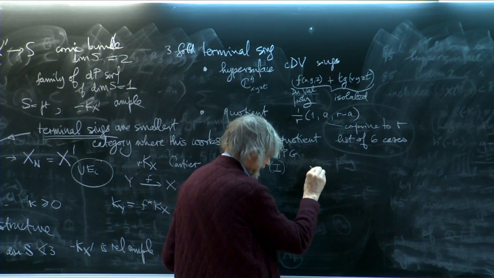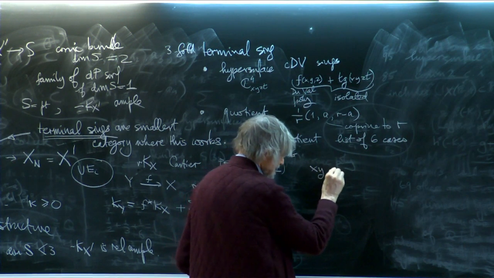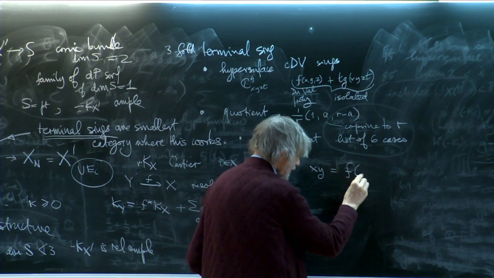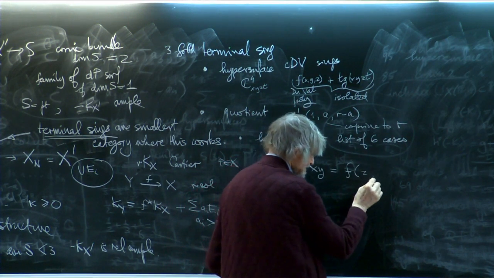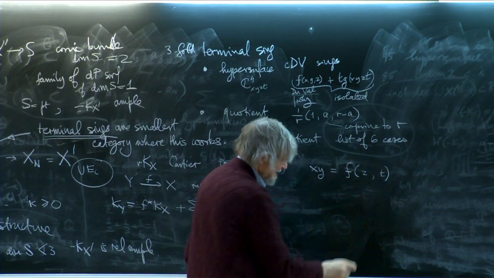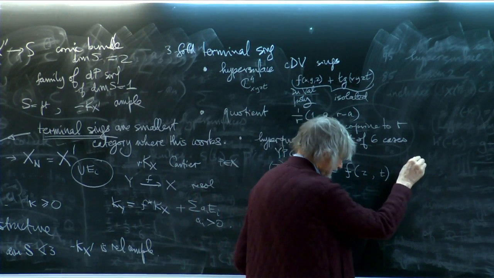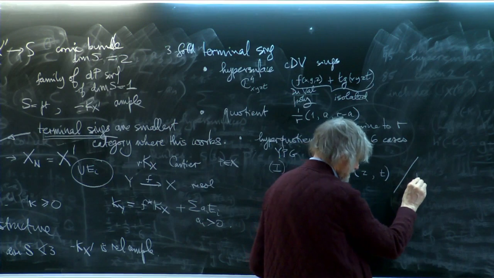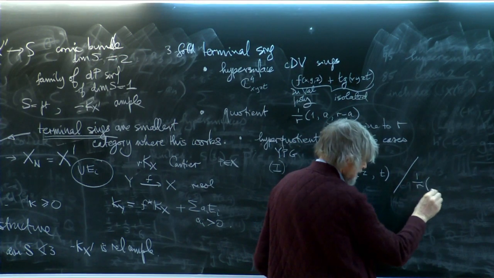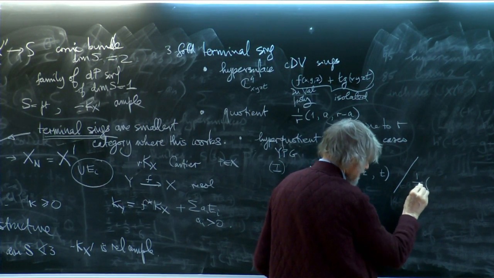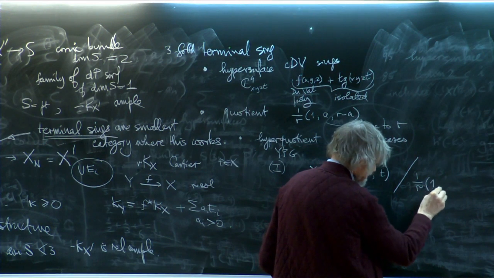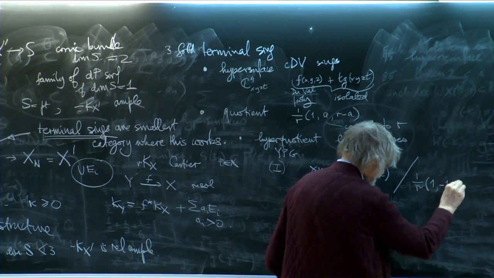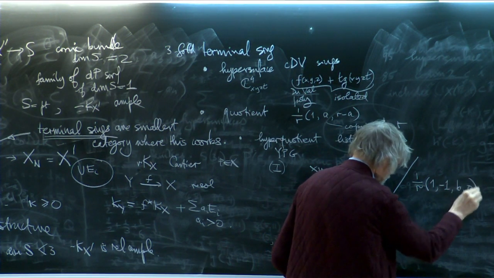I write down xy equals f of z and t, and then I want to divide this out by a group action, which is 1 over r, (1, -1, b, 0).